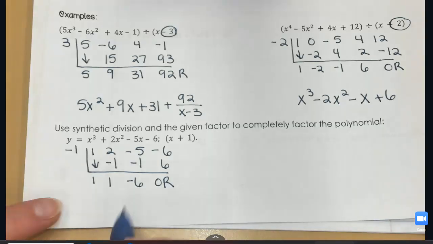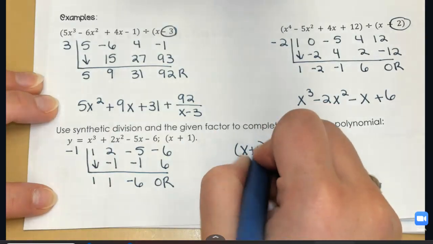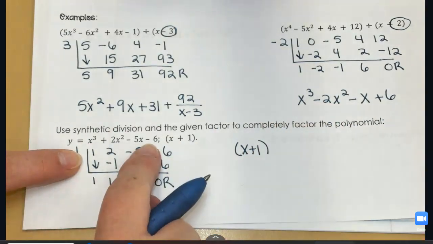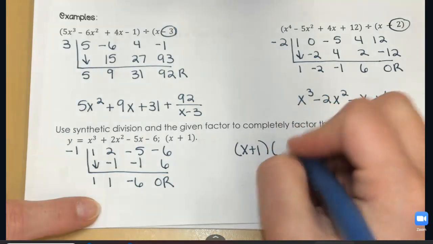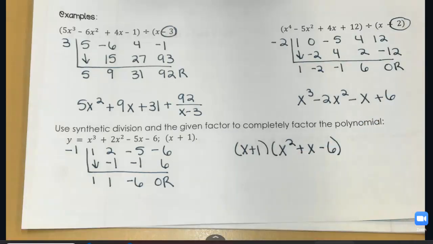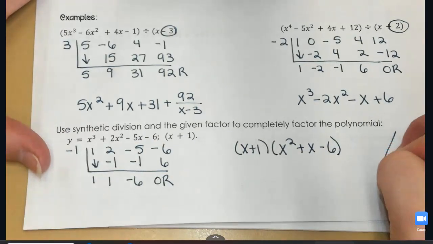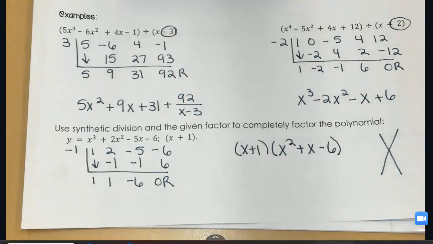This needs to factor evenly. So what this means is if I were to factor out x plus 1, divide by x plus 1 from this original polynomial, what I would have left over is x squared plus x minus 6. Now if I look at that quotient, this is a quadratic trinomial which I could use my x method on to factor further.